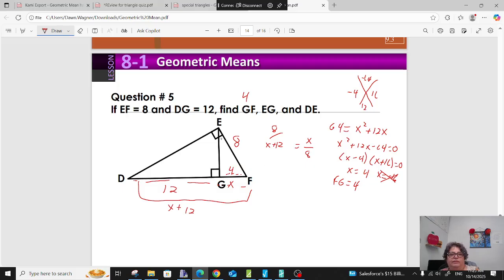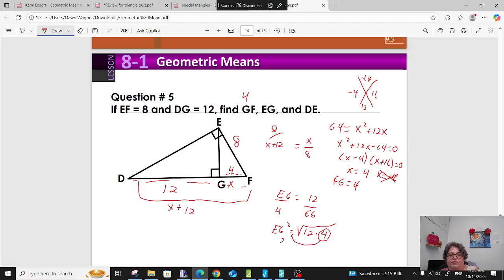Now I can do EG because I have the two pieces. So EG is a geometric mean, EG up, EG down. It'd be the two pieces. This is case 1, 4 and 12. EG squared is equal to the square root of 12 times 4. 4 is a perfect square.